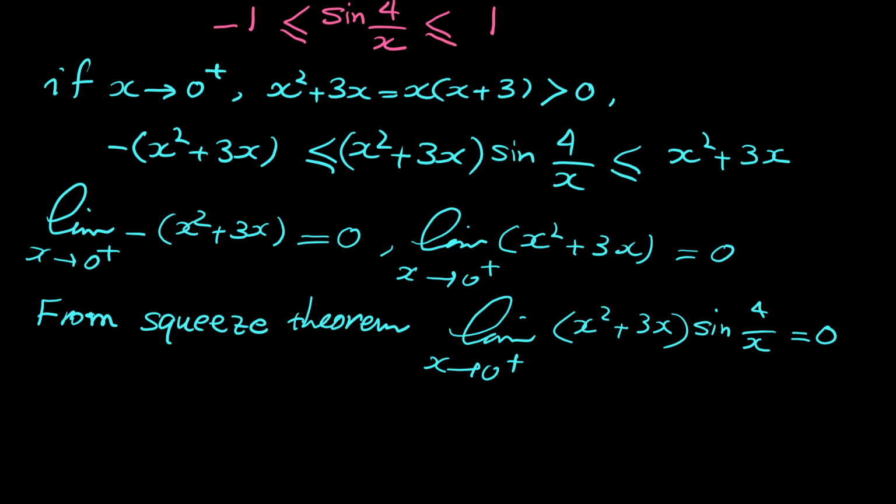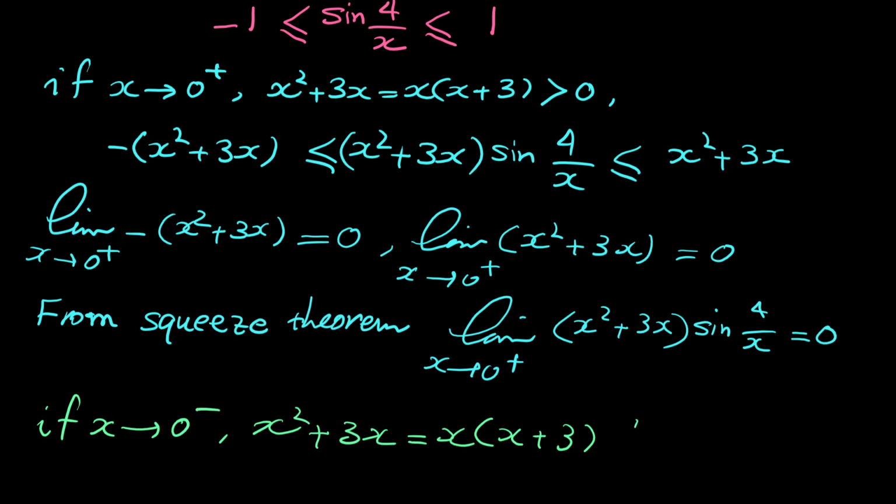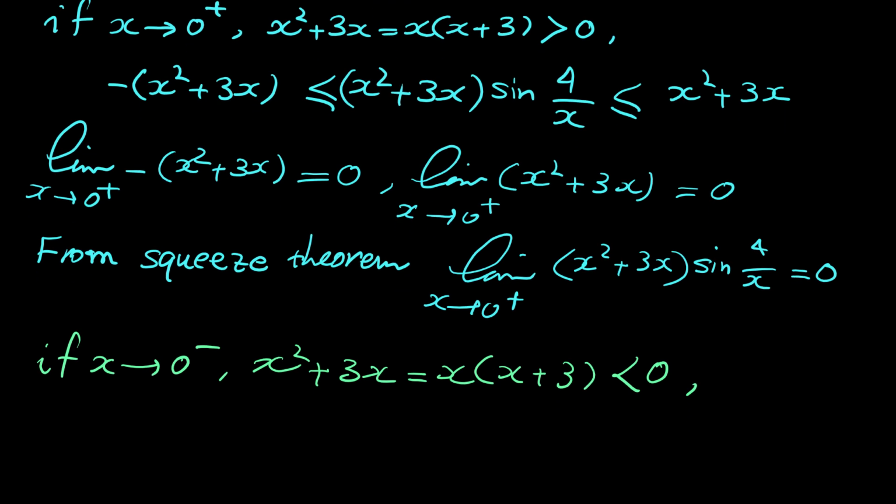Now let's consider the other case, when x approaches 0 from the left. When x approaches 0 from the left, x^2 + 3x, which is basically x times (x + 3), is less than 0. Again, let me explain why this happens.